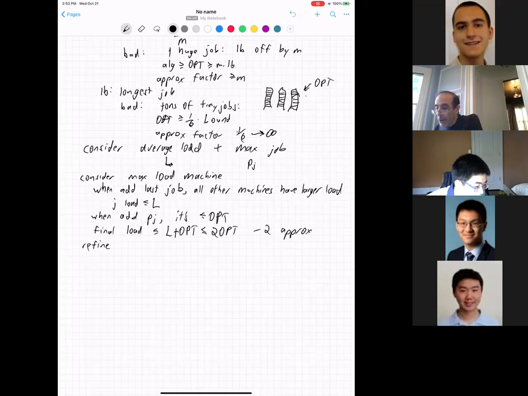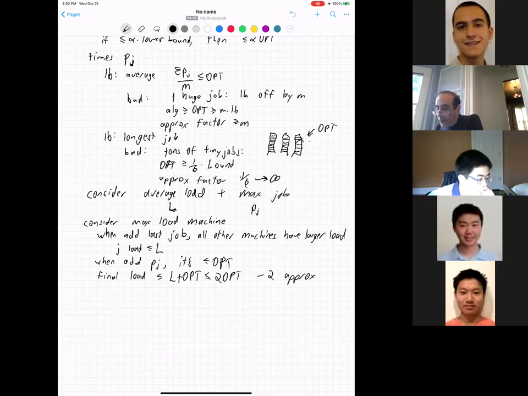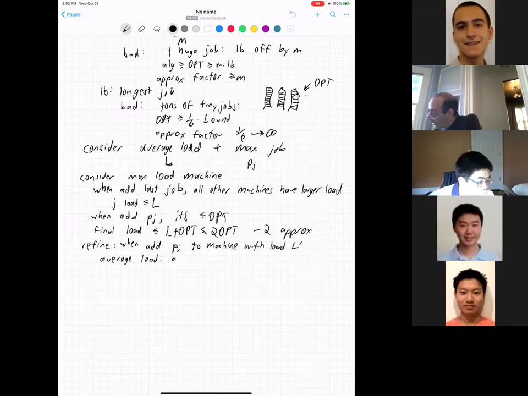So when I add PJ to a machine with load, let's say L prime, then the average load for the whole thing is at least L prime plus a 1 over m fraction of the job that I add.